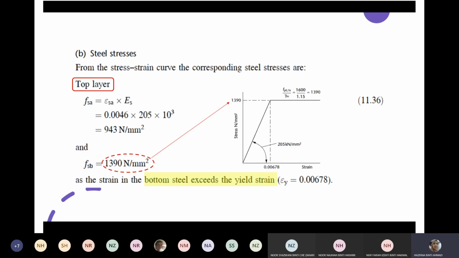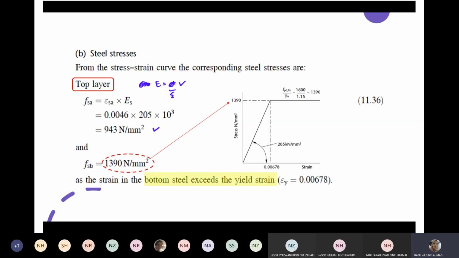We are using this basic equation, E equals stress over strain. What we want to find now is the stress, so we have the strain multiplied with the modulus of elasticity. 0.0046 multiplied with E, which is 205, gives us 943 Newton per millimeter square.